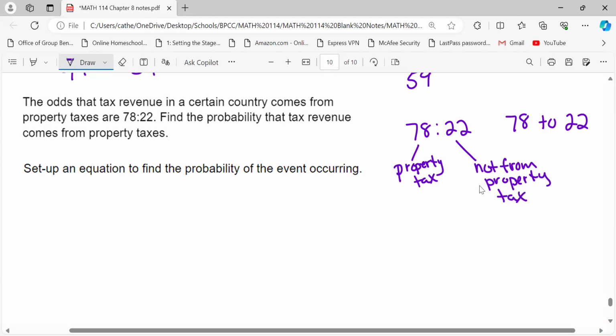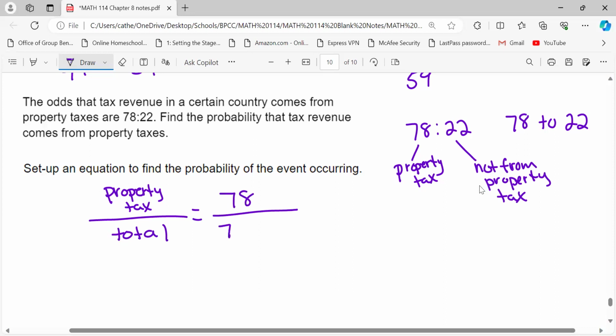So the probability that it comes from property tax is what comes from property tax over the total. Property tax is 78. The total would be the ones that come from property tax plus the ones that don't come from property tax. So that's going to be 78 over 100.